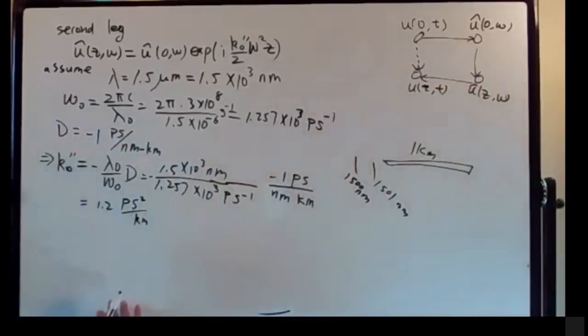Okay, so let's review again. What is k omega? So this k omega is n omega over c.